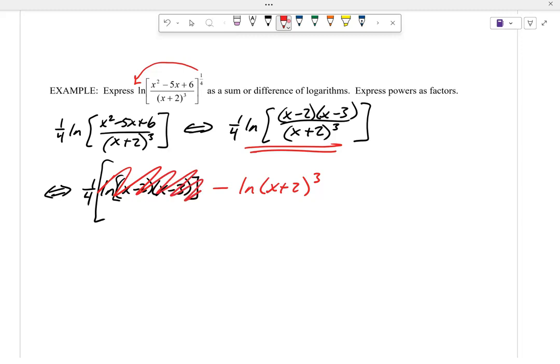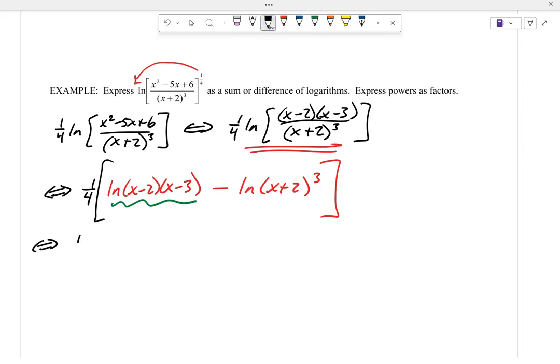All right, so I have ln of the top, ln of the top minus ln of the bottom. 1/4 is on that because that natural log splits into 2, so the 1/4 should be distributed to both of those. Now I'm going to take this one and use my product rule.